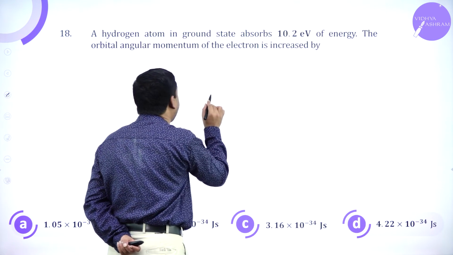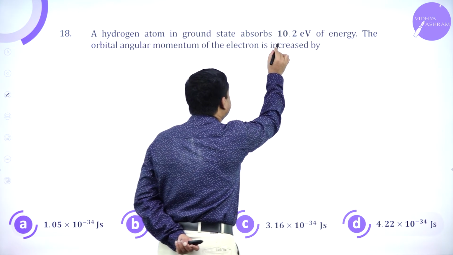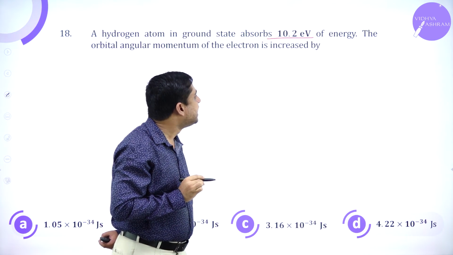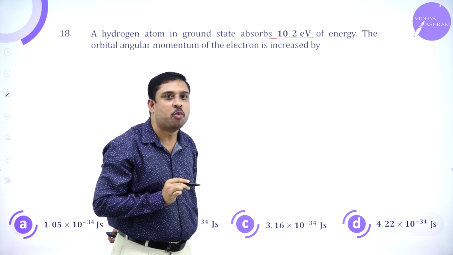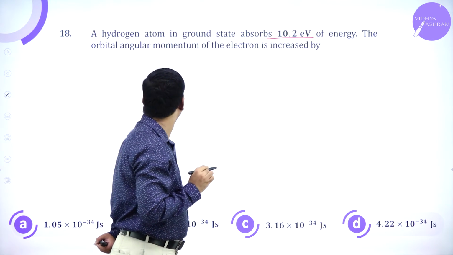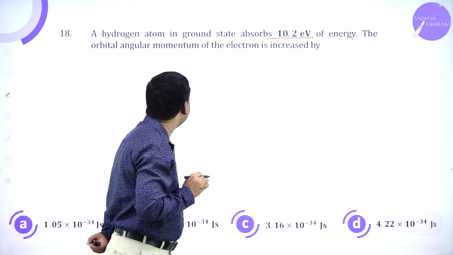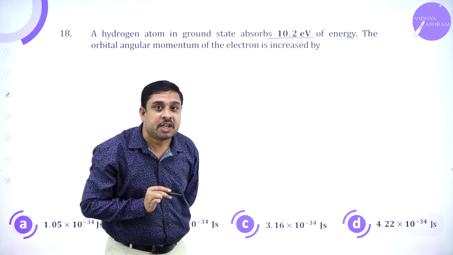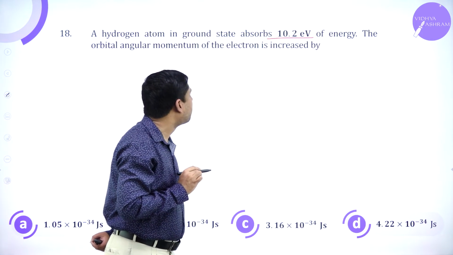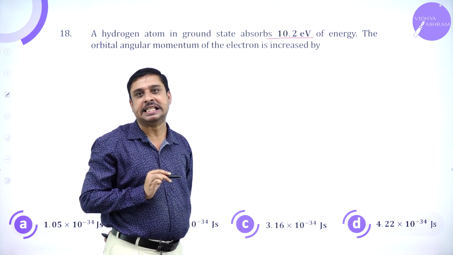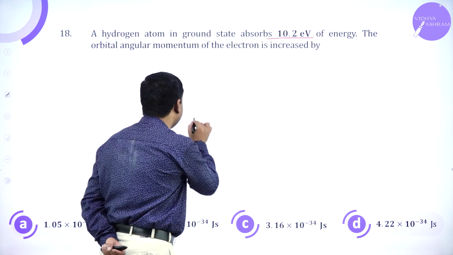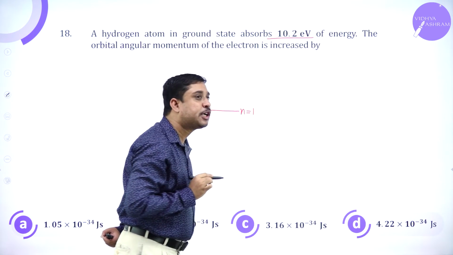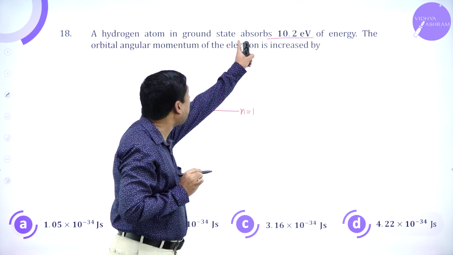A hydrogen atom in a ground state absorbs 10.2 electron volt of energy. The orbital angular momentum of the electron is increased by... Now, there is an electron in the ground state.